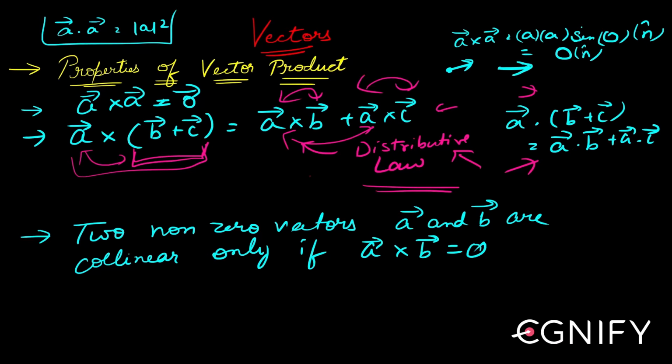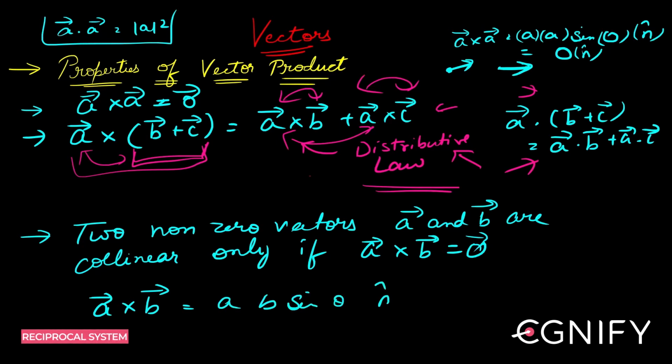Now this makes some sense. What is the reason? If I have two vectors A and B which are non-zero, then A cross B is AB sine theta n cap. Now when is the only possibility that your A cross B is 0? When can that happen? Because this A is not 0, because it's given they are non-zero, B is not 0, n cap anyway is a unit vector, so it's not 0.